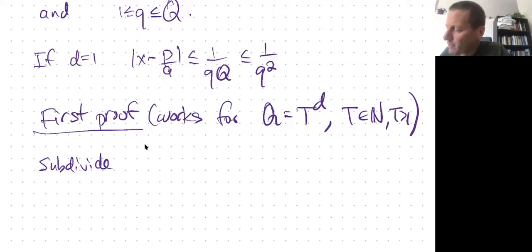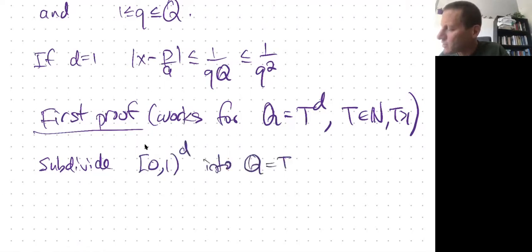So I'm going to subdivide the unit cube in d dimensions into Q, which is t to the d, subcubes of side length 1 over t.